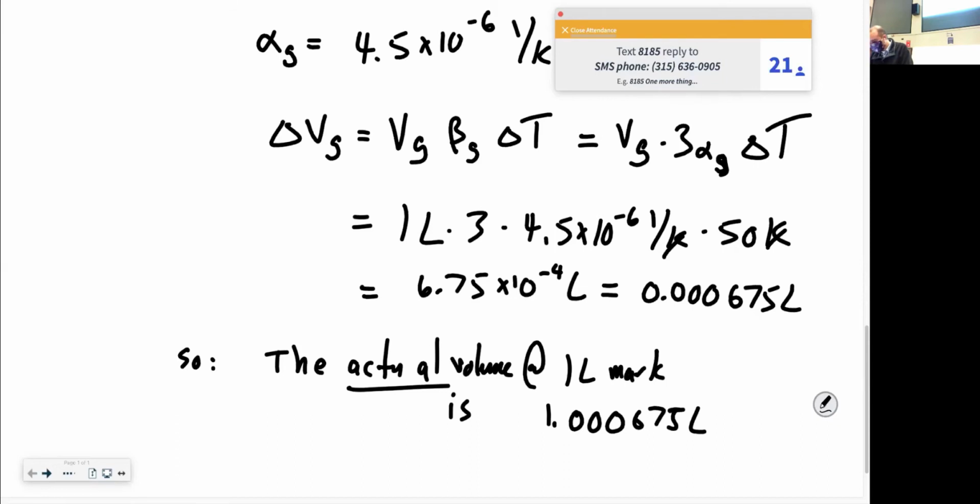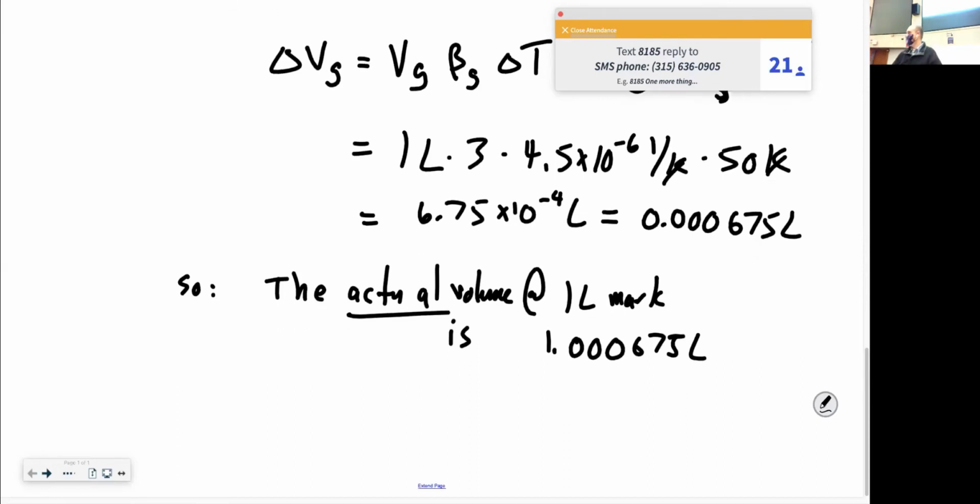And we're going to call that a not liter. That's going to be our new unit of volume inside the cylinder. So I can say 1 not liter is equal to 1.000675 liters.